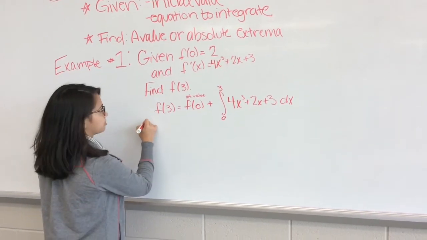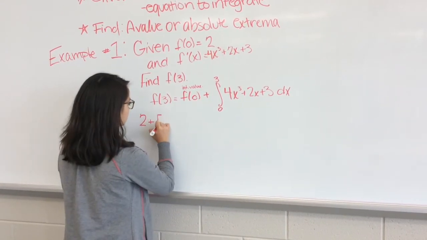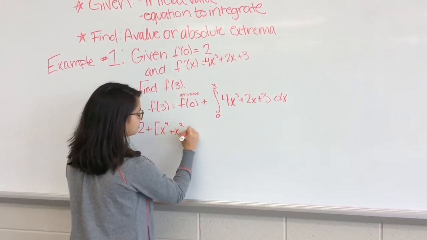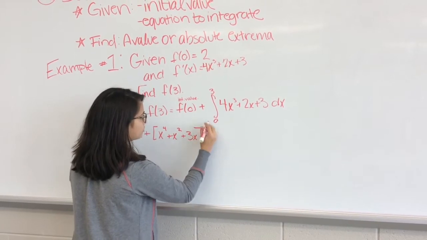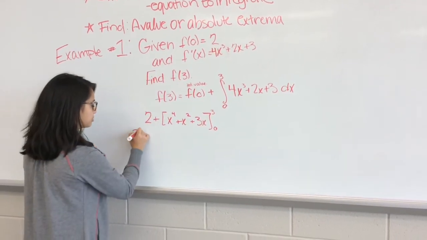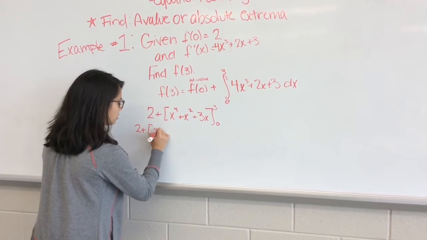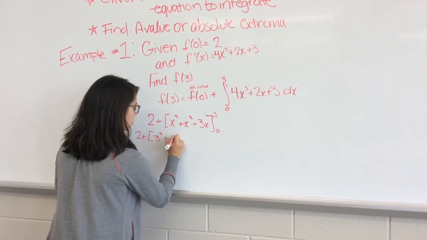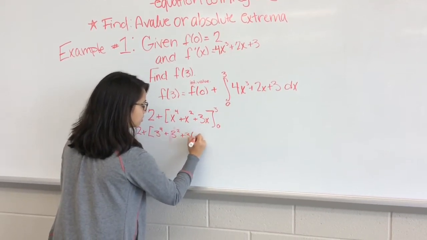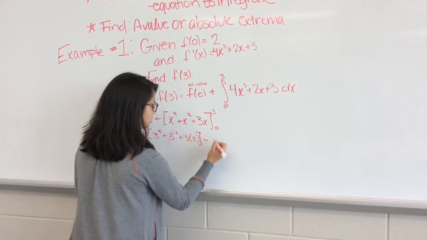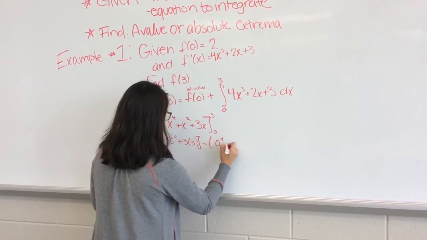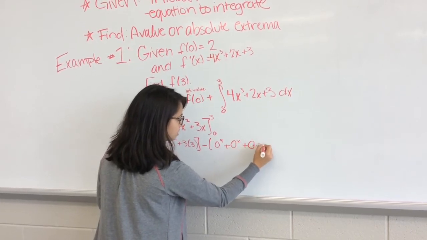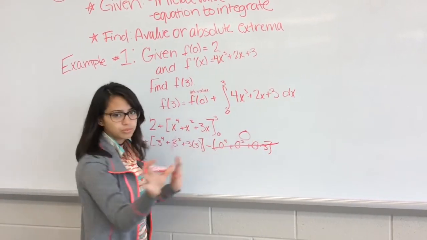And then you would integrate, so it would be 2 plus x to the 4th plus x squared plus 3x from 0 to 3. And then you would plug it in. So it would be 2 plus 3 to the 4th plus 3 squared plus 3 times 3 minus 0 to the 4th plus 0 squared plus 0 times 3, which is simply 0, so we don't have to worry about it.